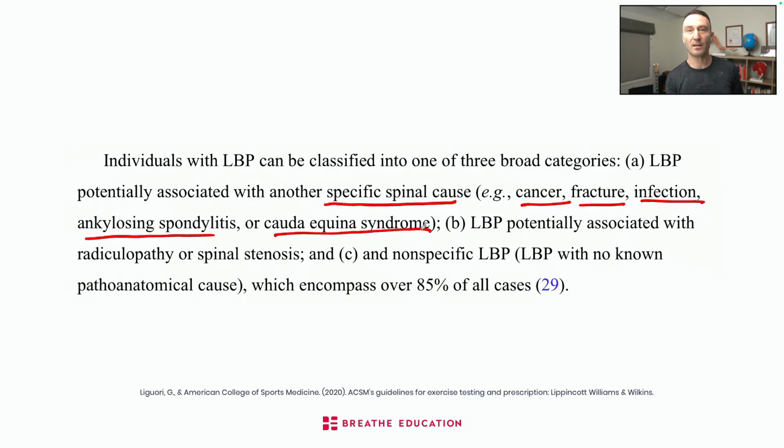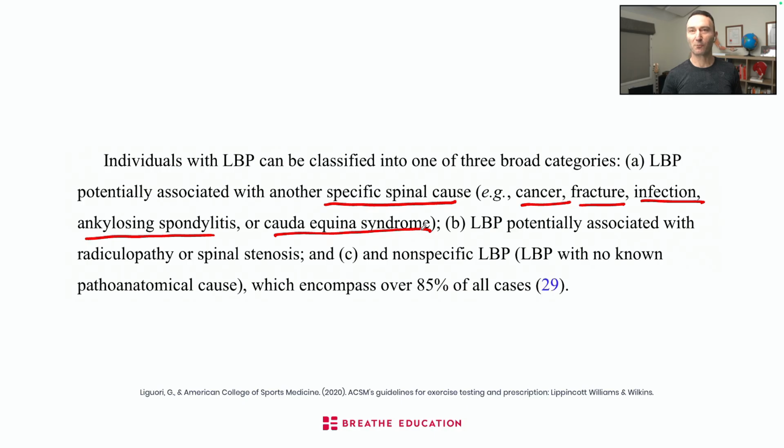What is the umbrella term that we've used to describe all of those things collectively? Type it into the chat. Serious specific spinal causes of low back pain, aka red flags, correct.